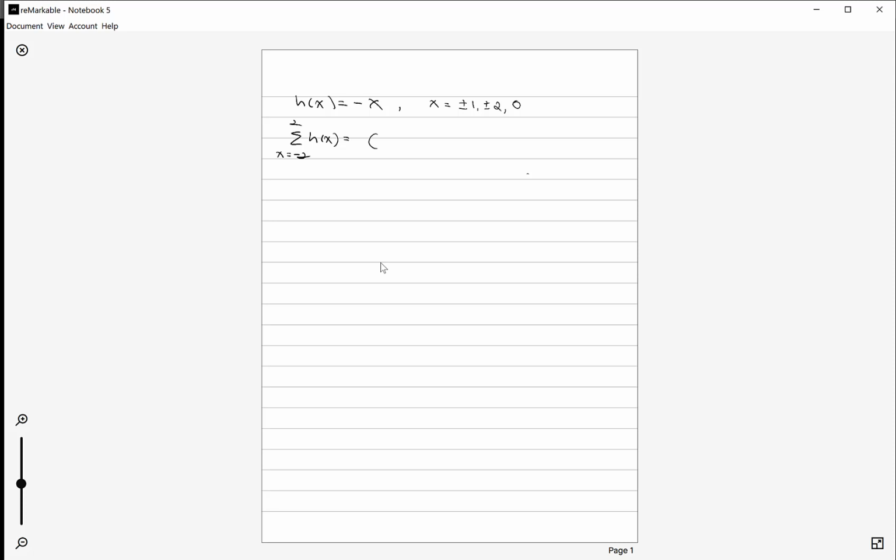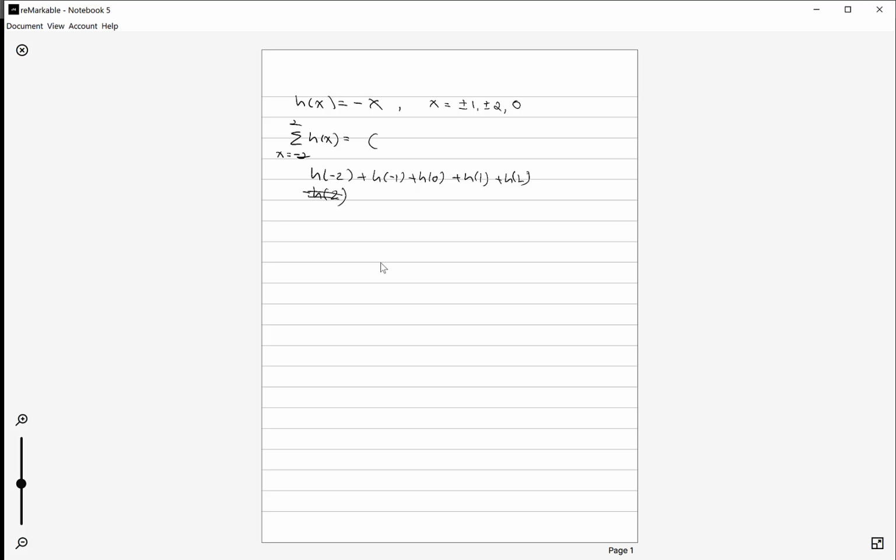We have h of minus 2 plus h of minus 1 plus h of 0 plus h of 1 plus h of 2. This is what we have. But we know that h of minus 2 is equal to minus h of 2.